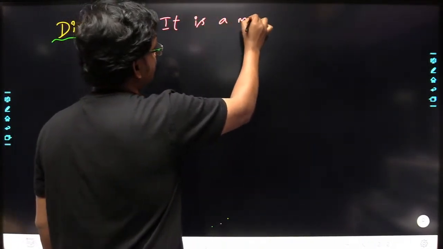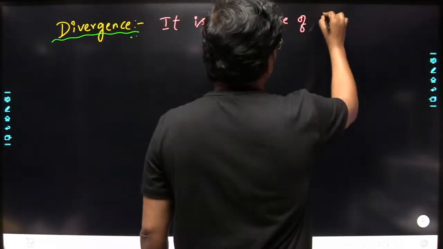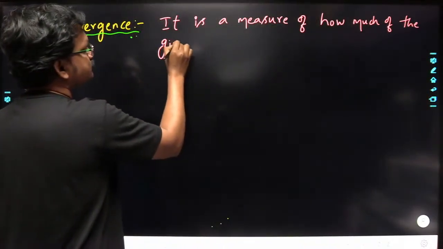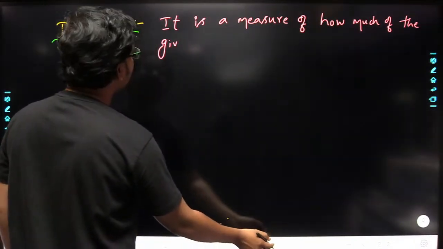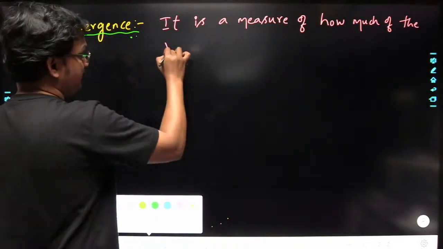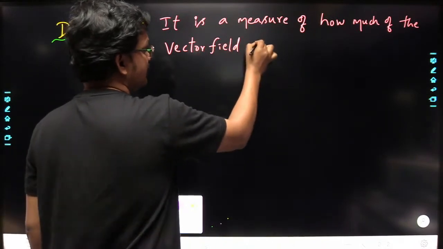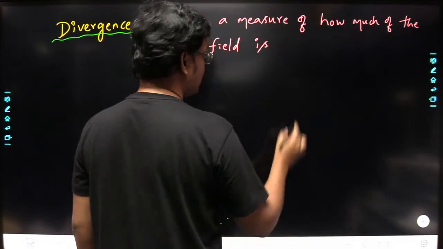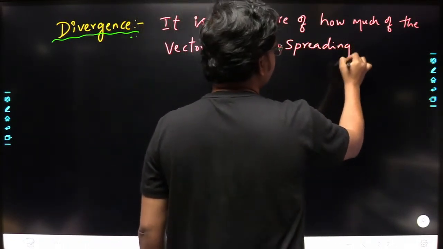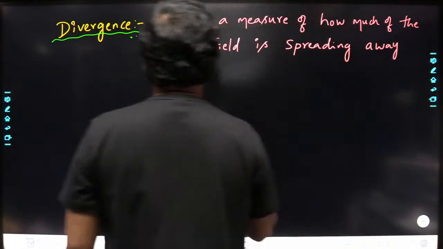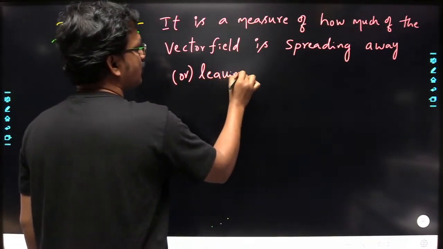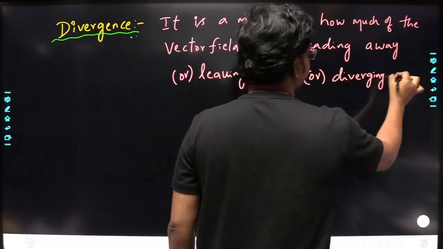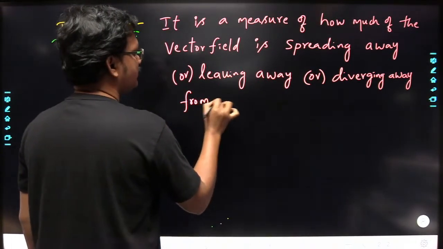It is a measure of how much of the given vector field is leaving away, spreading away, or diverging away from a given point.